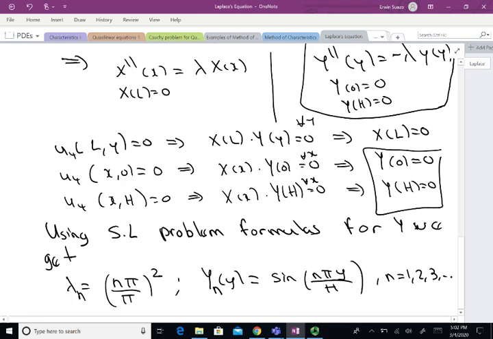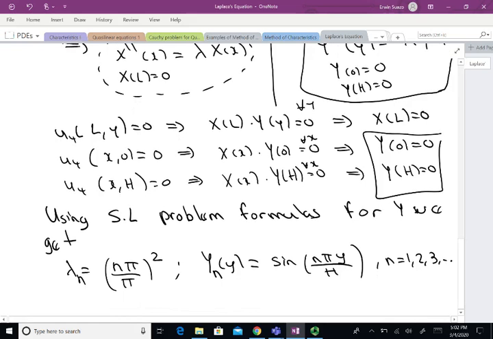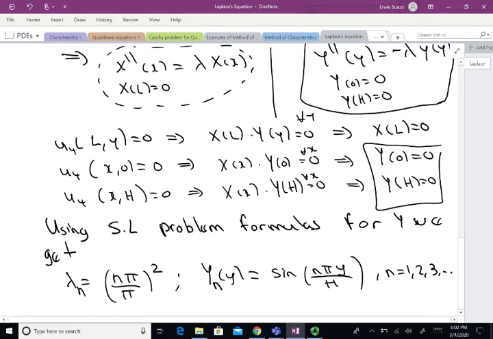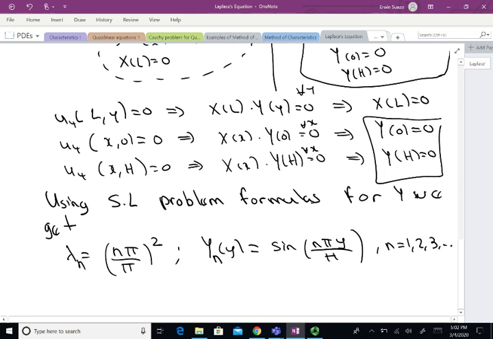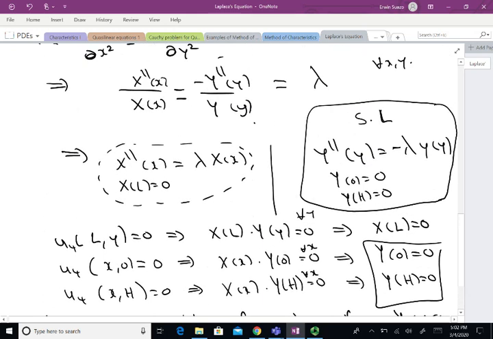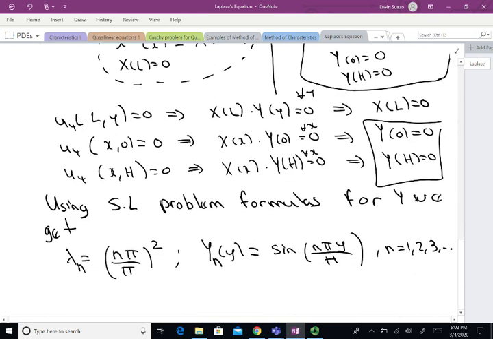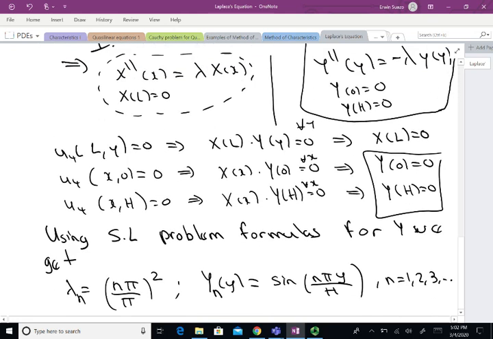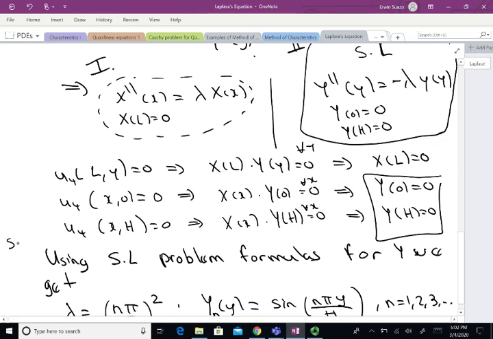So now I need to solve my second equation. I need to solve for this guy. So let's say equation 1, and then equation 2. Let's say solving 2.